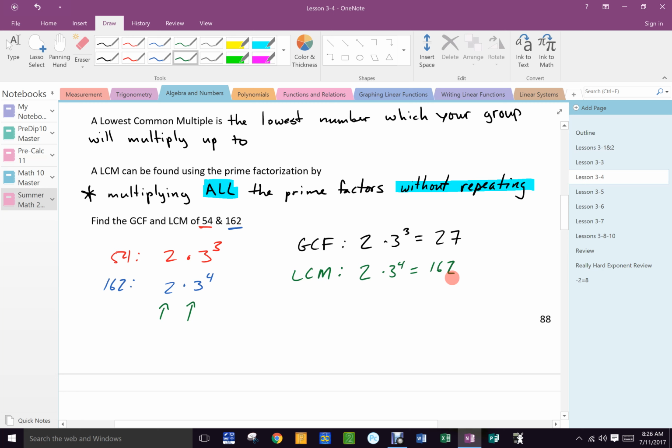We're going to practice it like 1, 2, 3, 4 times right now. But is everybody good? You do everything once and once only. Now, some kids prefer to write these out. They feel this works better for them. 2 times 3 times 3 times 3.